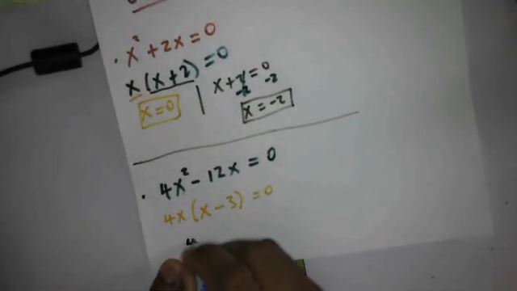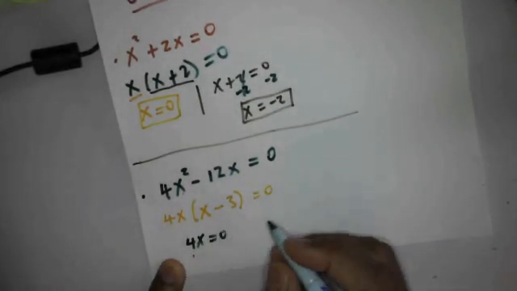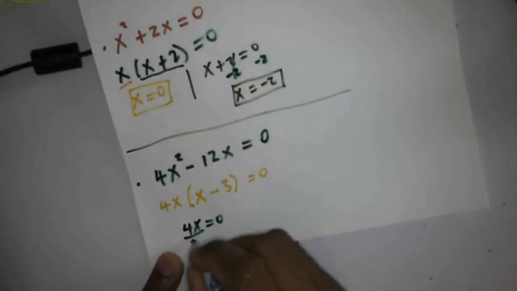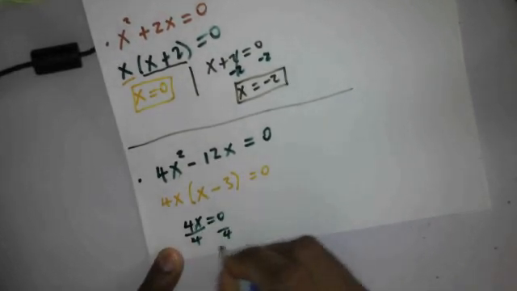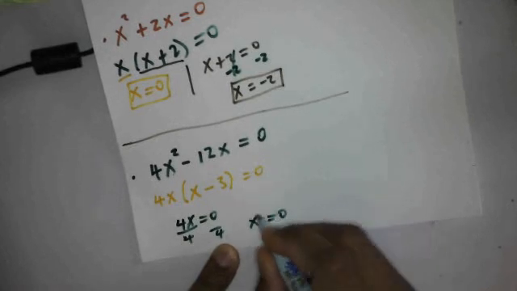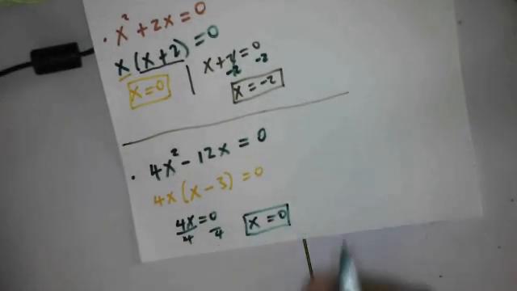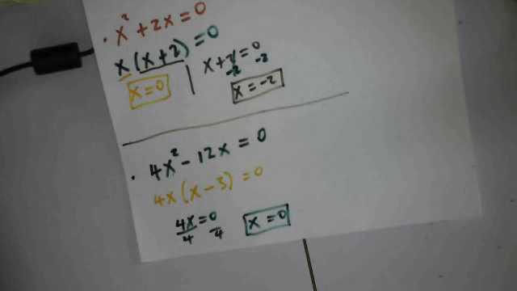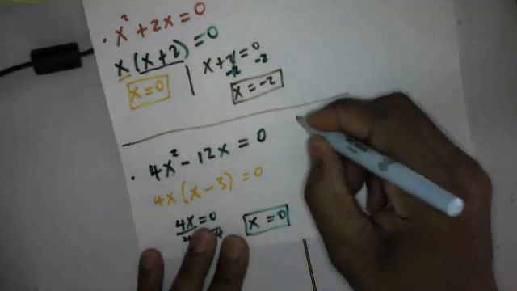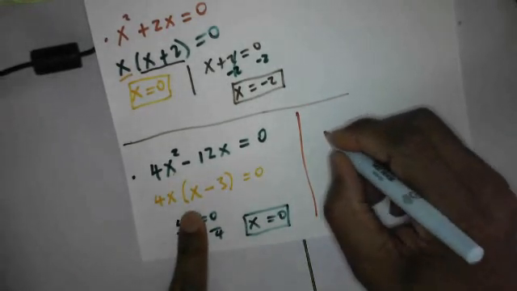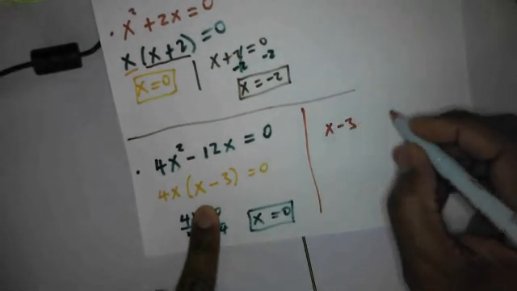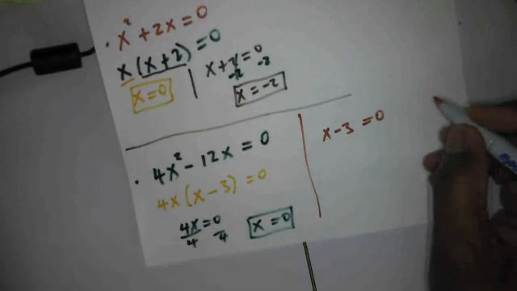So our first factor is 4x, we'll equate that to 0, and of course if we solve this, we divide both sides by 4, so x equals 0. This is one of your solutions. Your other solution, you will equate what is inside the parentheses. What is inside the parentheses is x minus 3, and that will equal 0 as well.